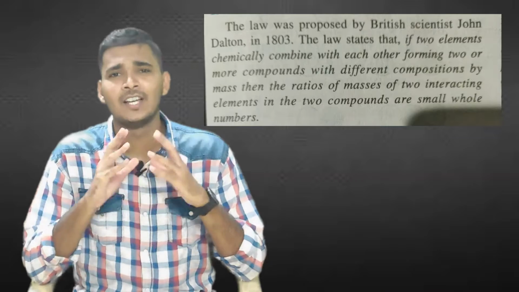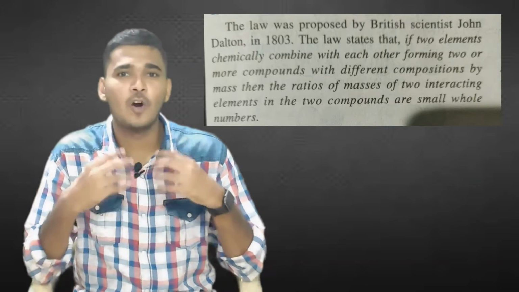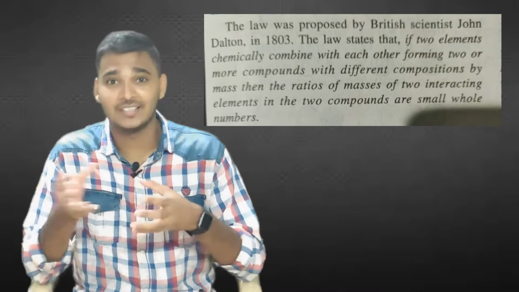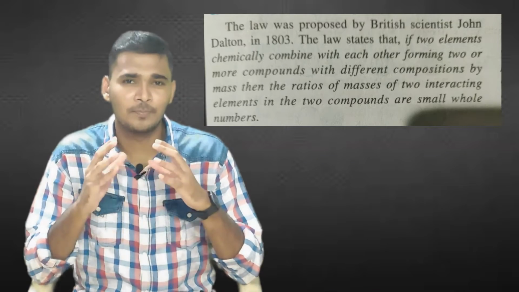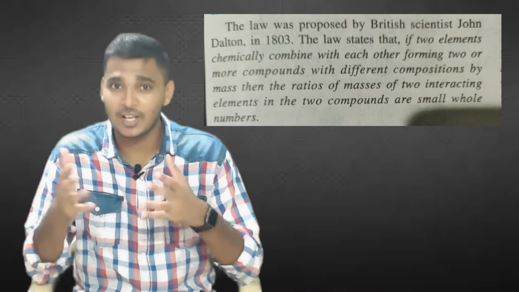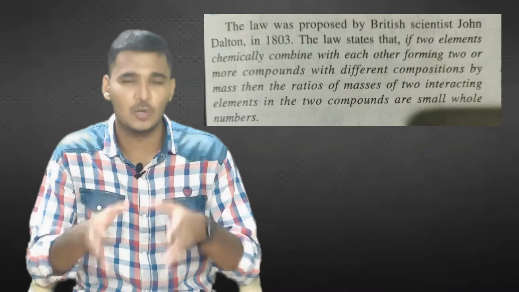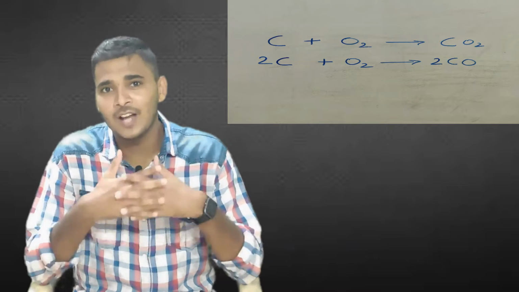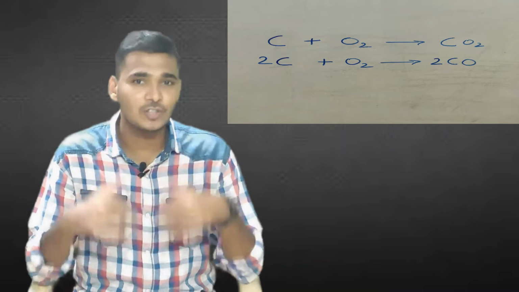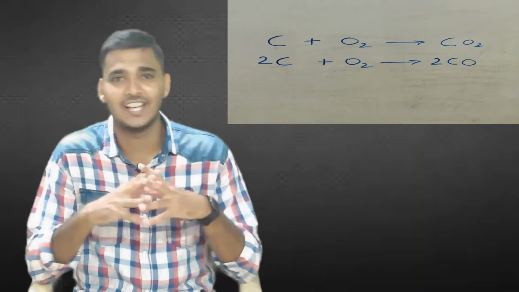Next is the law of multiple proportion. It was stated by a British scientist, John Dalton, in 1803. He said, if 2 elements combine together to form 2 or more compounds with different composition by weight, then the masses of the interacting elements in those compounds will bear a simple whole number ratio. For example, carbon and oxygen combine to form carbon dioxide, or they can also combine to form carbon monoxide.